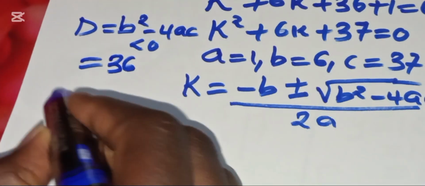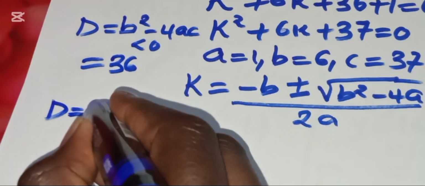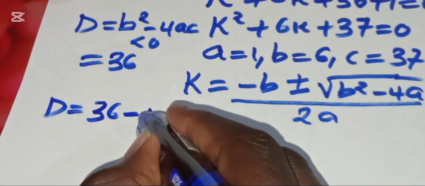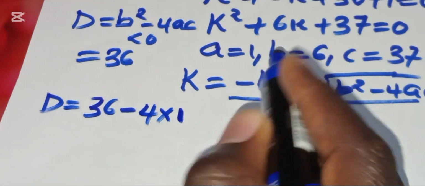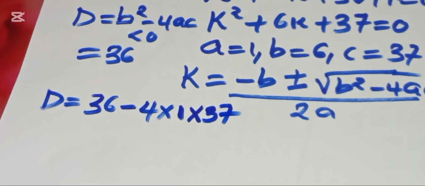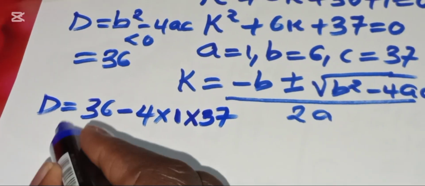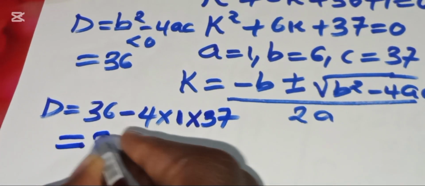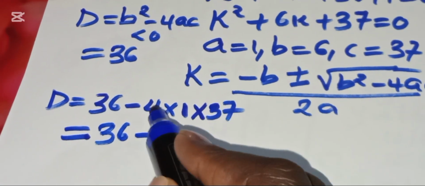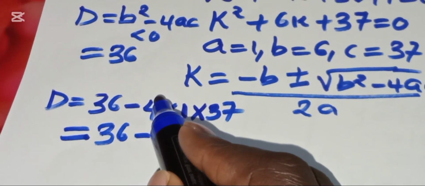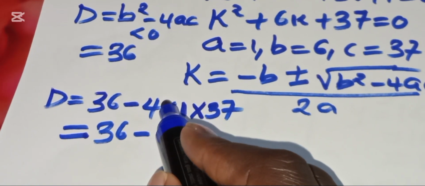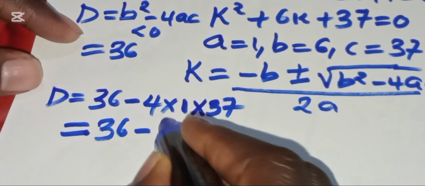You can write here, so d is equal to 36 subtract 4 multiplied by 1, times c, which is 37, okay? So this is equal to 36 subtract 37 times 4, and this is supposed to give us a value of 148, okay?